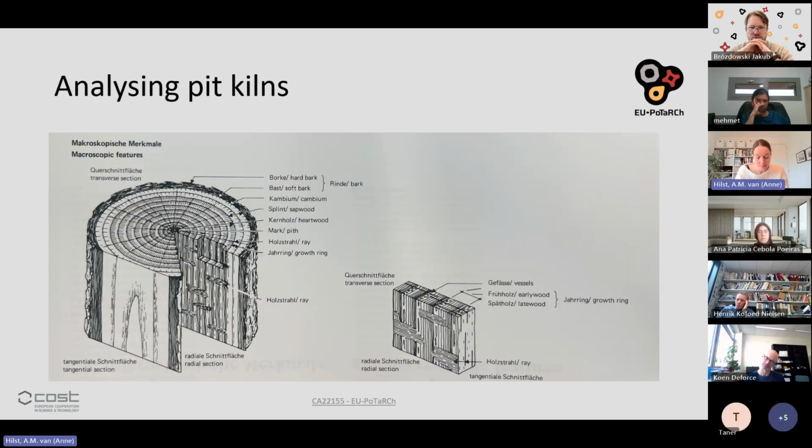So I learned that charcoal needs to be examined in the 3 different anatomical sections: a transverse, a radial, and a tangential. I still need to work on my pronunciation on that one. But we analyzed many fragments, and I will show you two examples today.